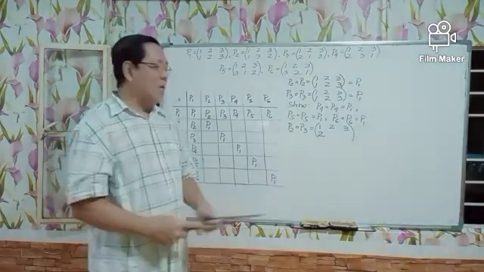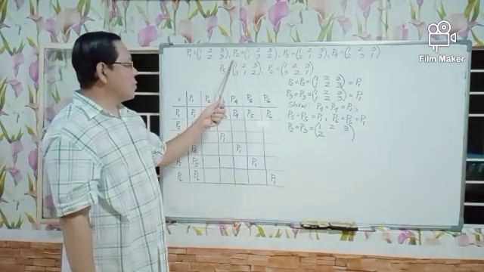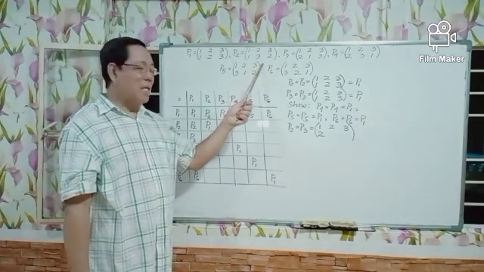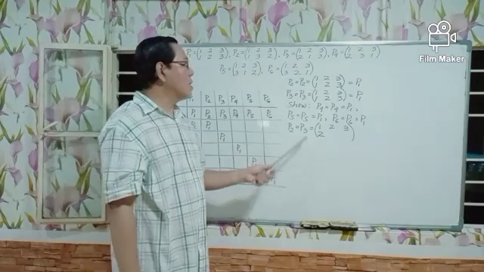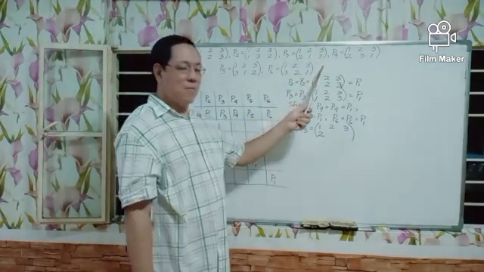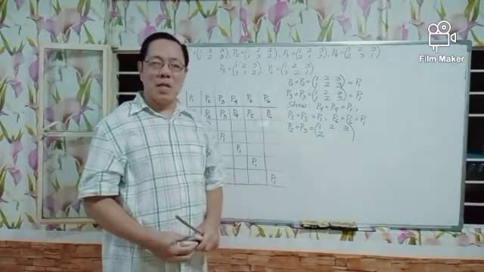Next, we find the image of 2 under the function P2. P2 assigns 2 to 3. And we find the image of 3 under the function P3. And P3 assigns 3 to itself. Therefore, 2 is assigned to 3.